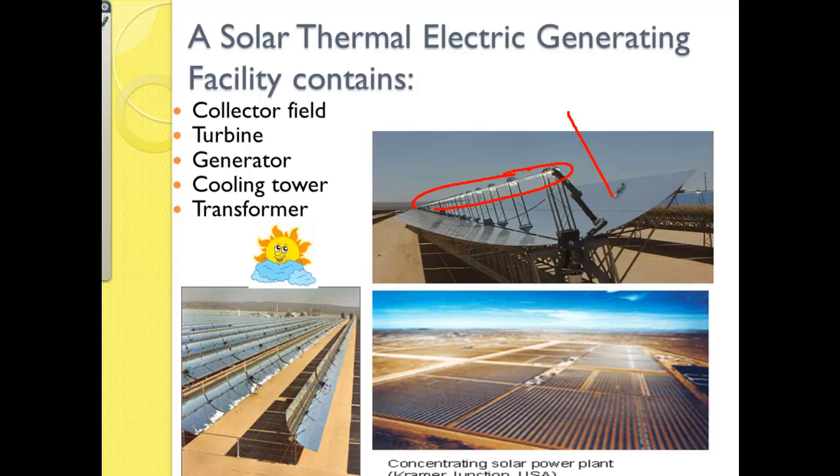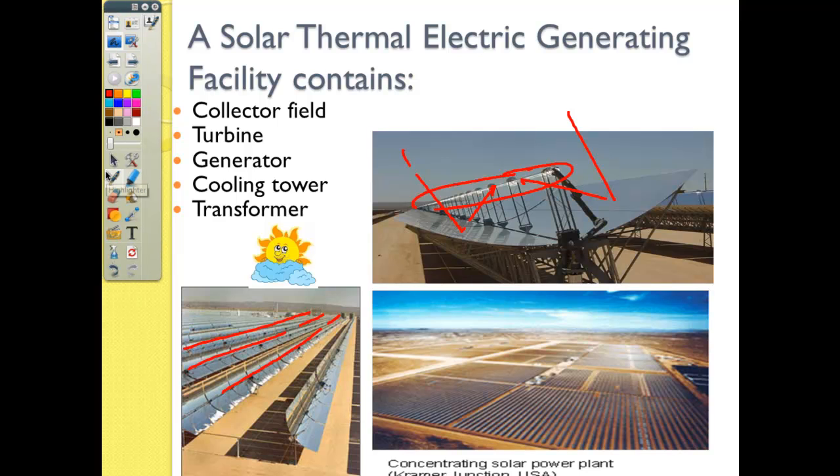Sunlight comes down, hits the mirror, bounces off, and focuses directly onto that tube, and that focus then heats up the water. And as you can see, if it travels through numerous pipes over a long distance, you're going to be able to create a lot of hot water, and that water then is converted into steam. The steam then would turn a turbine and generate electricity. So a pretty basic idea.